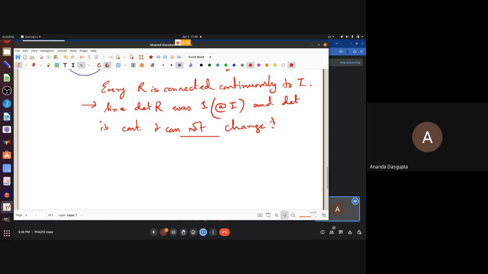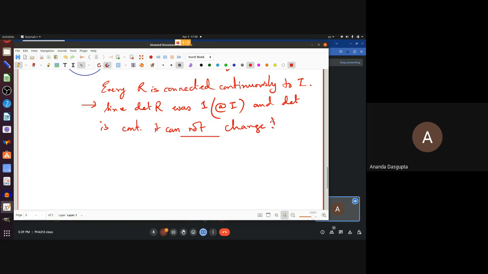This is a topological argument, which is what most topological arguments, like those of conserved quantities in physics, are essentially like. The allowed values of det R are discrete, right? Only 1 or -1. If the allowed value had been any number between 1 and -1, then starting at 1, it could have slowly changed and got to -1 anyway, right?